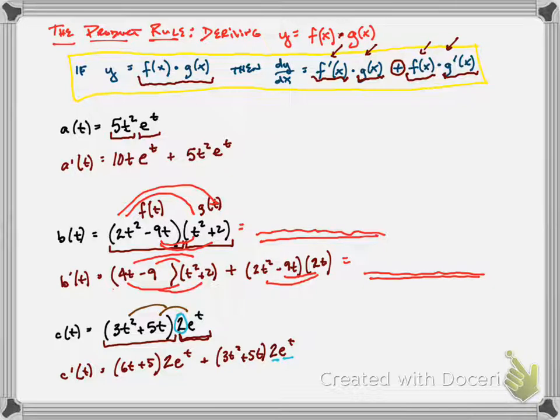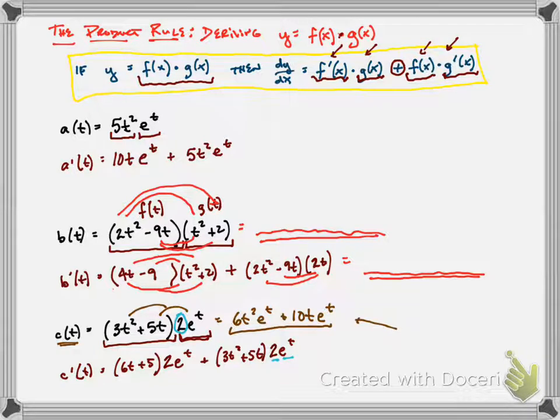So I get, again, this is c of t. I'm expanding c of t in this case. So c of t is equal to 6t squared e to the t plus 10t e to the t. Now, this is an alternate way to write c of t.